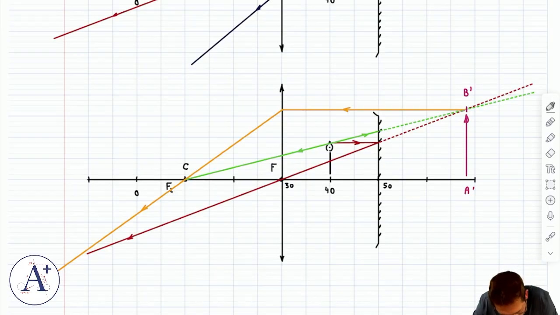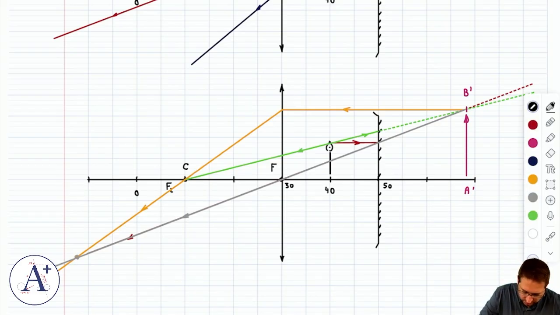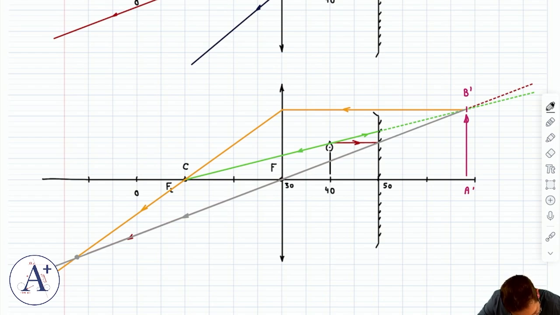So I'm going to draw the ray leaving B prime that's going to live on top of this initial red ray, but it truly comes from B prime, and is going to intersect right here with the ray that came from the lens. These two emerging rays truly intersect right here, so I'm going to get a real image, right? I could form this image on the screen if I want, and that is going to be A double prime, B double prime, if you want to call it that. Okay, this is going to be a real image.